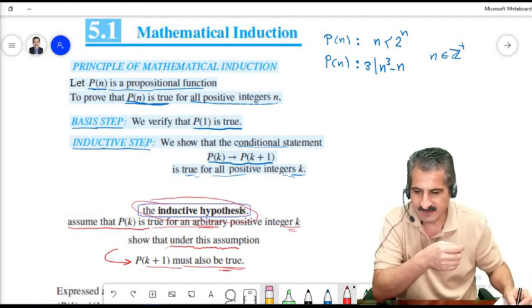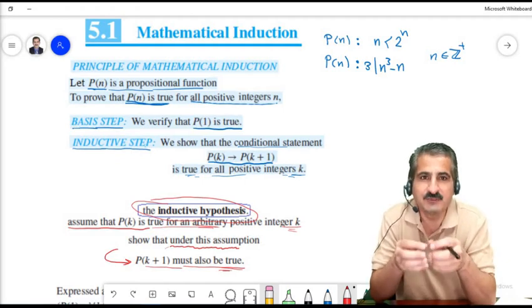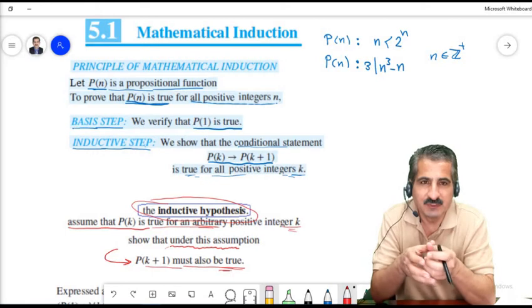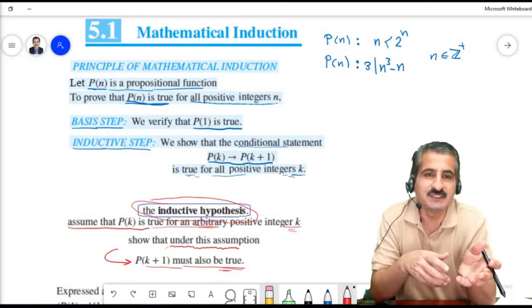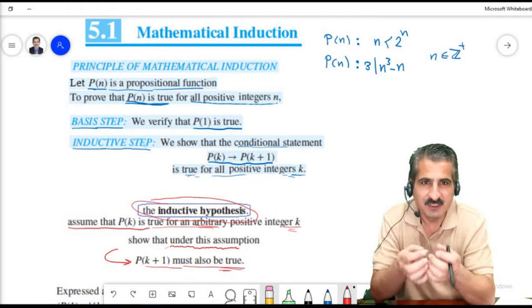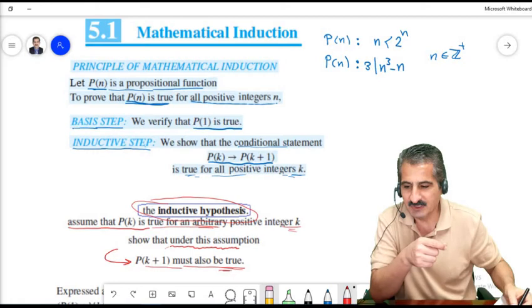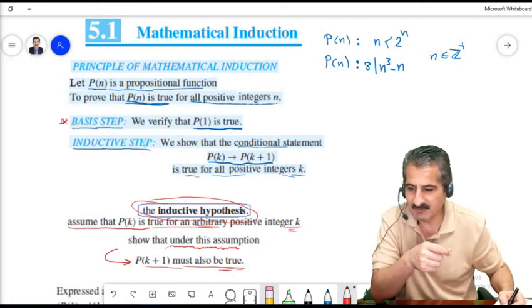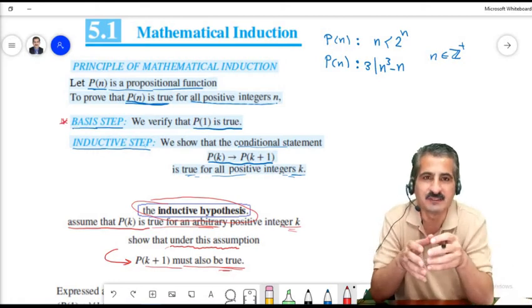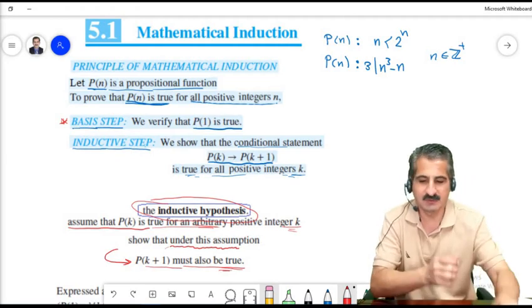It says that whenever P(k) is true, then P(k+1) is true. If we can prove this, and we have the first step in hand, then mathematical induction will provide us a proof for the whole statement P(n).